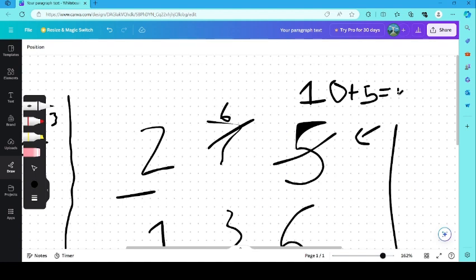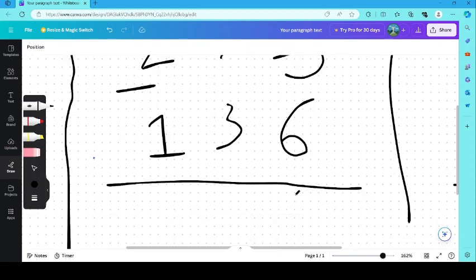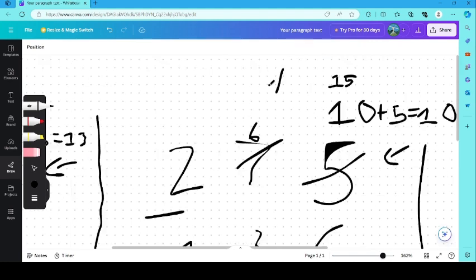So 15 minus 6 is what? It is 9. So we write 9 below our ones place. Then we head straight to our tens, which is right here, where we have 6 and 3.